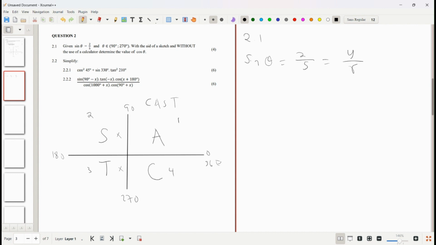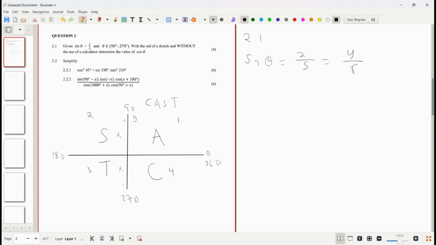We're given y is 2, and r is 5. So if y is 2, which means it's positive, it must be here, because y is positive here and y is negative here. So we have an idea that this function is in the second quadrant.